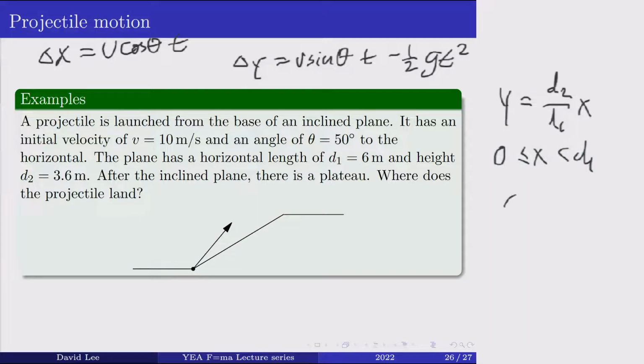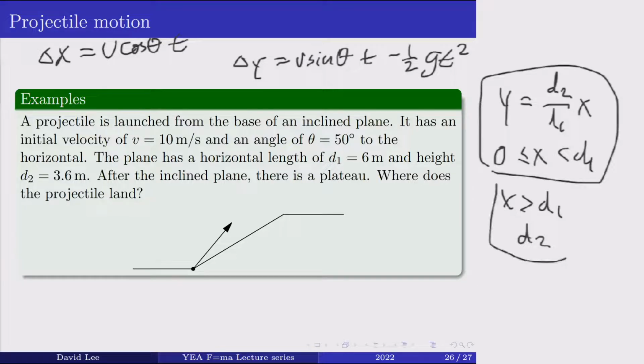So when x is greater than d1, what's our equation? We need to write a piecewise function, basically. When x is greater than d1, it's basically just d2, right? So these are our two pieces, so to speak.